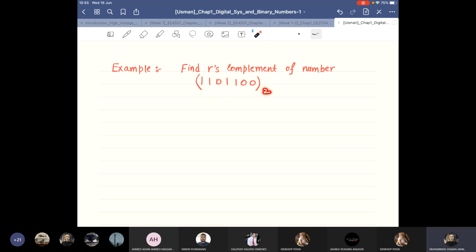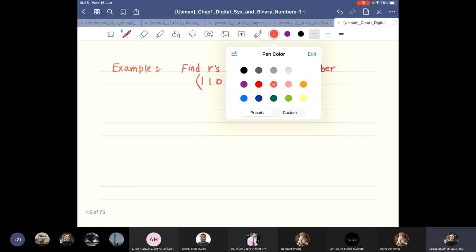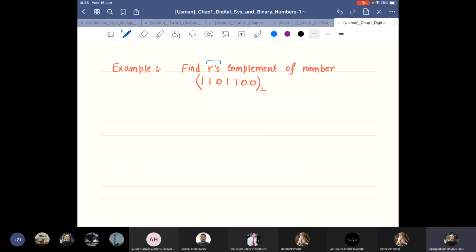If I say 2, then it is the 2's complement. So this thing is very important. The base is very important. So here I am going to write 2, and it means we have to find the 2's complement based on this base.